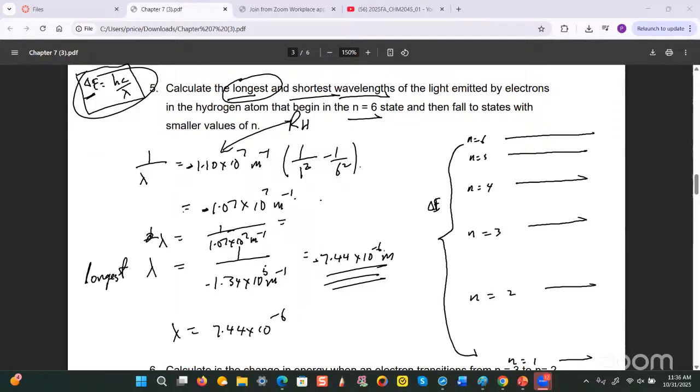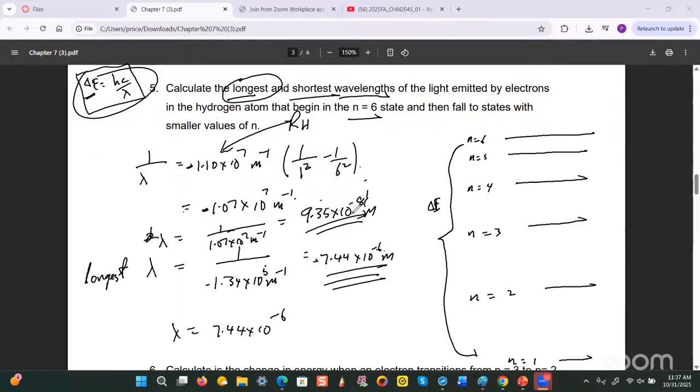This gives 9.35 times 10 to the minus 8. So even if you get a negative answer for the wavelength, understand that the negative sign only indicates that radiation is emitted as the electron falls from higher energy orbits to lower energy orbits. So that's basically how that is done.